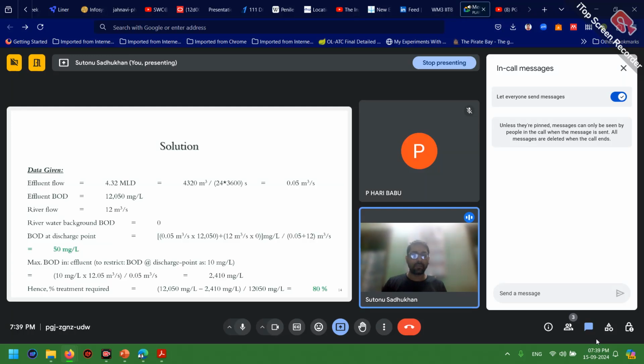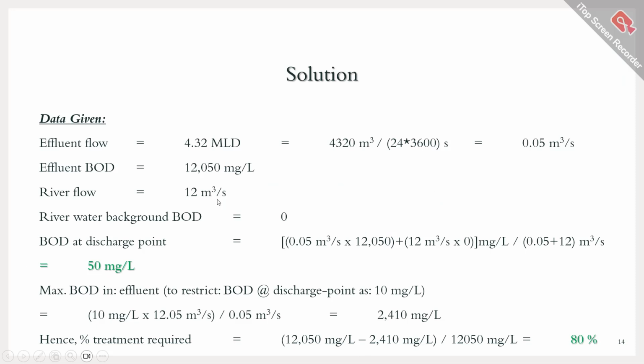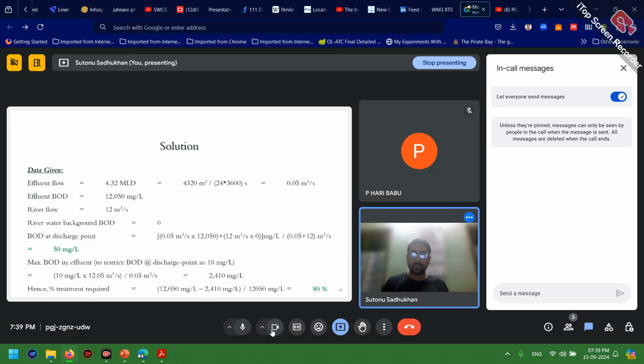So hopefully I am able to make you understand this problem. Just once again go through the exercise that we have done there. I'll wait for 1 minute, and tell me if you have any doubt and you are able to understand, I hope.